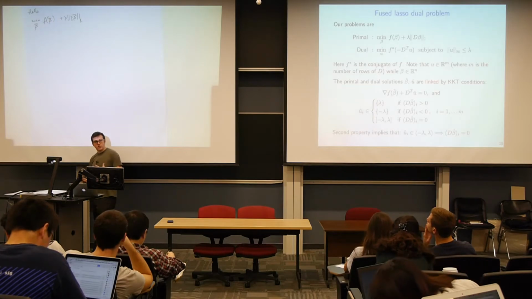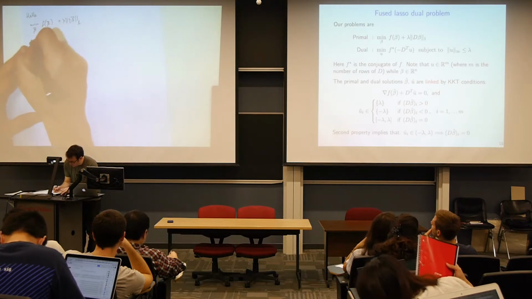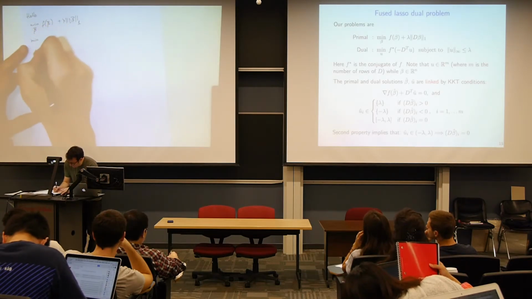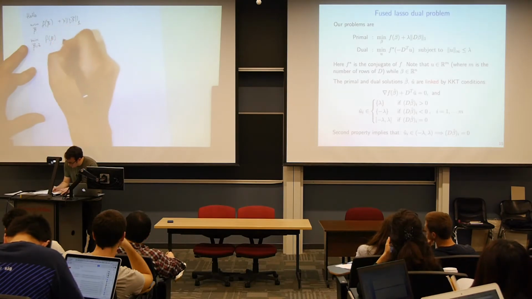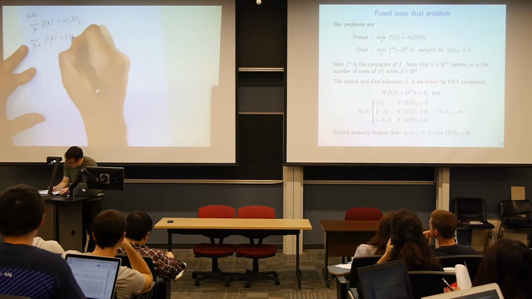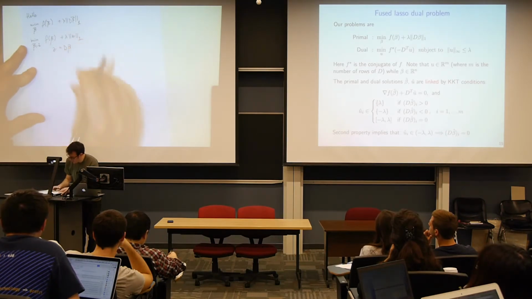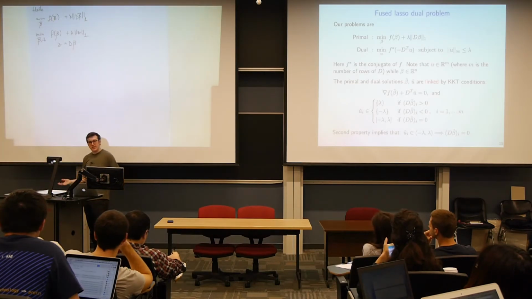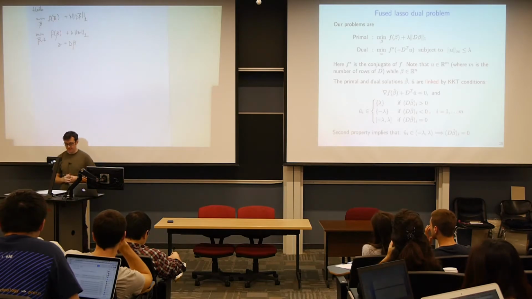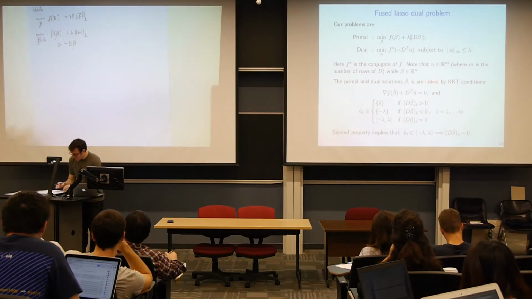And so in order to consider the dual, what we're going to do is introduce an equality constraint where we introduce a new variable, z, and set that equal to D beta. So really the reason we do this is if you don't have some kind of constraint, the dual doesn't make a lot of sense. And so essentially you need to have some kind of constraints which become the variables in your dual problem.